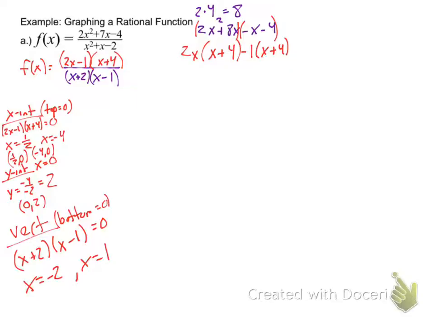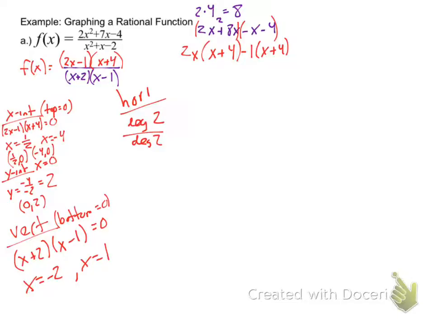And I think one of the last pieces is to find our horizontal slash oblique slash slant asymptote, correct? So I'm going to list it as the horizontal. The degree of the top is what? Degree of 2 on top, degree of 2 on the bottom.